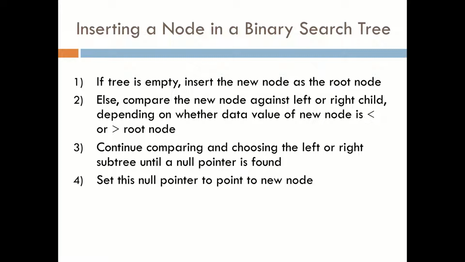And so as we insert these values into the tree, we will travel to the left subtree if the value being inserted is less than the value at the root. And then we'll recursively do this for all nodes in the tree until we find a null pointer, in which case we will insert the correct node at that time.